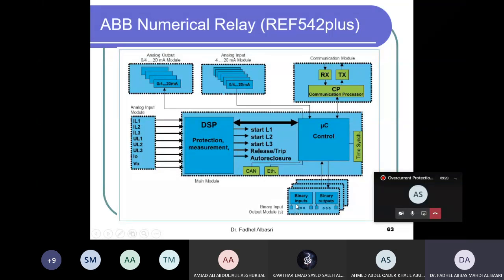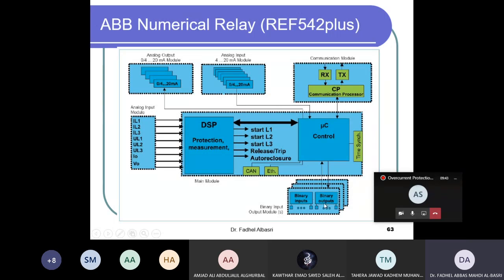A binary input could be a trip signal that came from another relay informing this one that it has tripped, or it could be the status of the breaker: is it closed or is it open? These are only high or low inputs. So we call these binary inputs and outputs.